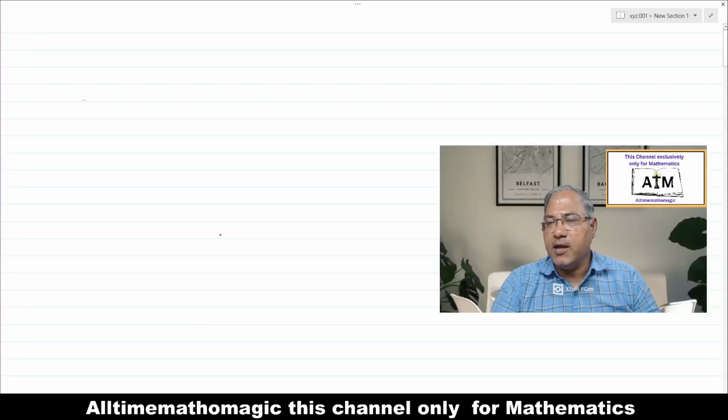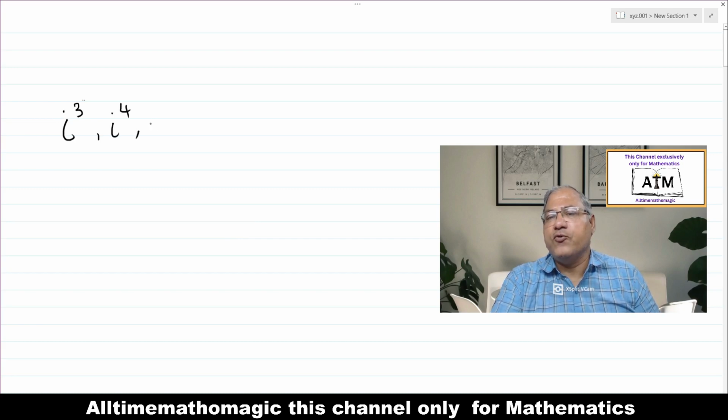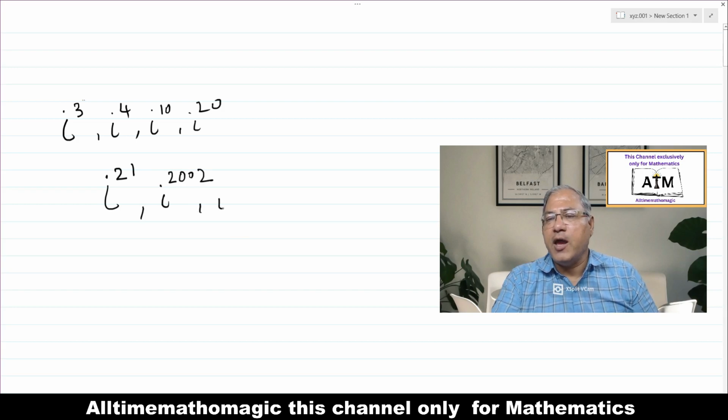In the last episode and in this episode, I taught you addition, subtraction, multiplication and division of complex numbers. In the next episode, I am going to teach you how to find i raised to 3, i raised to 4, i raised to 10, i raised to 20, i raised to any number, either odd or even, like how to find i raised to 21, or i raised to 2002, or i raised to 10023.